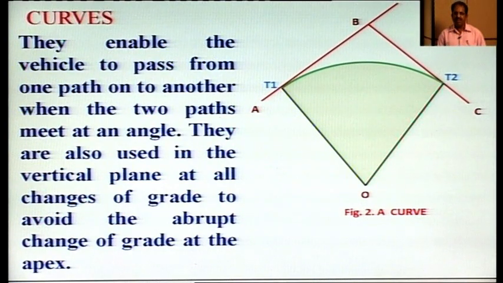So, we mean that curves are provided in the horizontal direction as well as in the vertical direction. In the horizontal direction, they are provided to bring about gradual change in the direction, and in the vertical direction, the curves are provided to bring about gradual change in the slope.